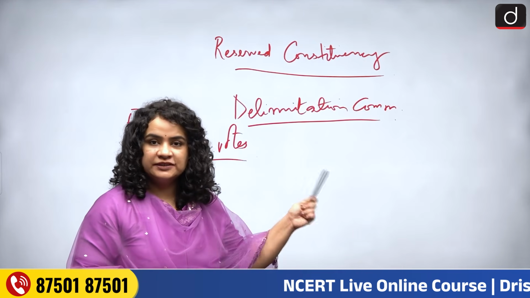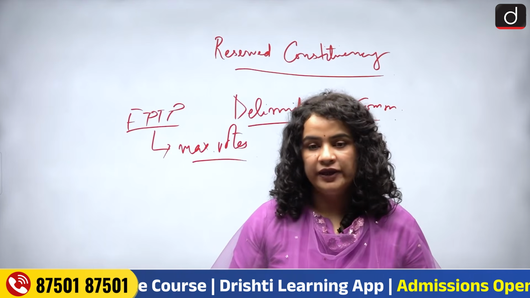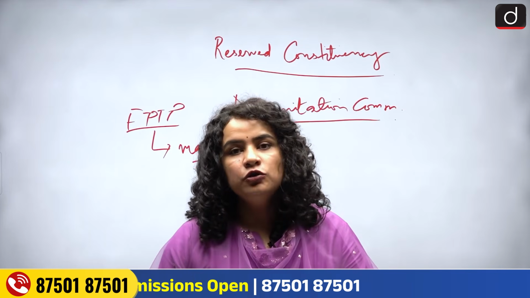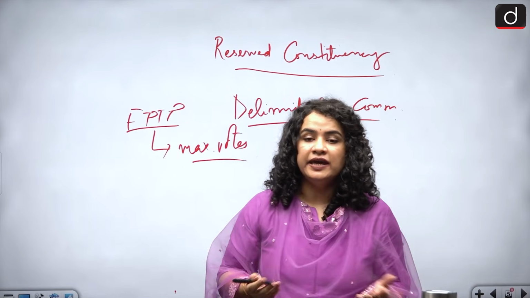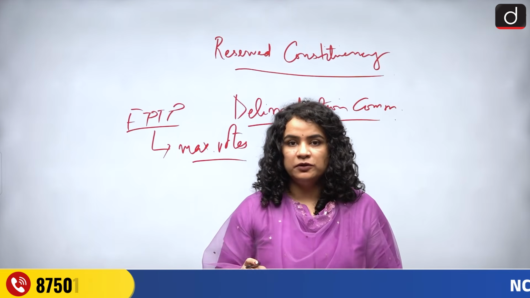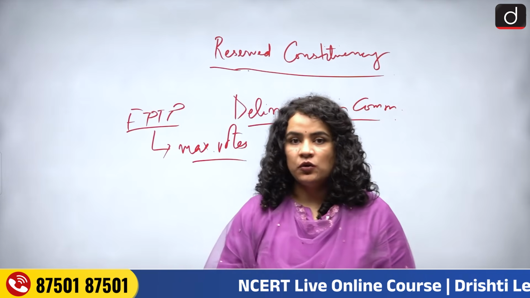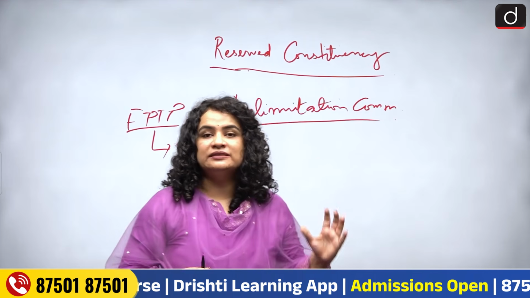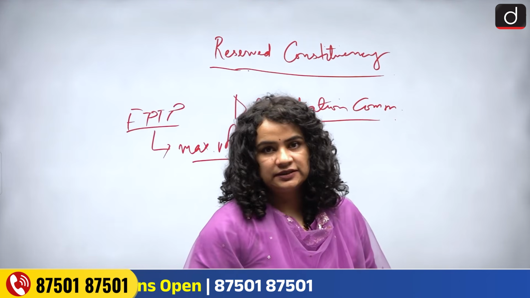not be represented. So in order to deal with this problem, and we have to give credit to our constitution makers, they had good foresight, they had the foresight to see that such a problem may arise. So to deal with this problem, they came up with the idea of reserved constituencies. So after every census, the Delimitation Commission is mandated with redrawing the boundaries of all constituencies.